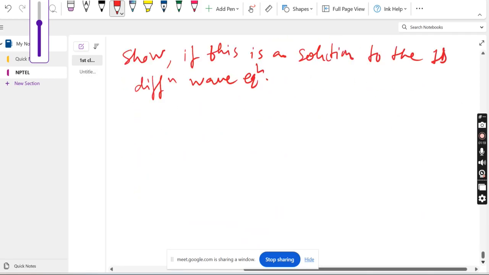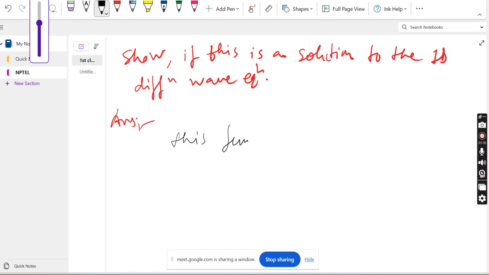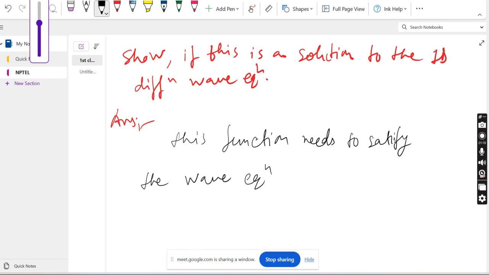For that, this function needs to satisfy the wave equation: del square psi by del x square is equal to 1 by v square del square psi by del t square.